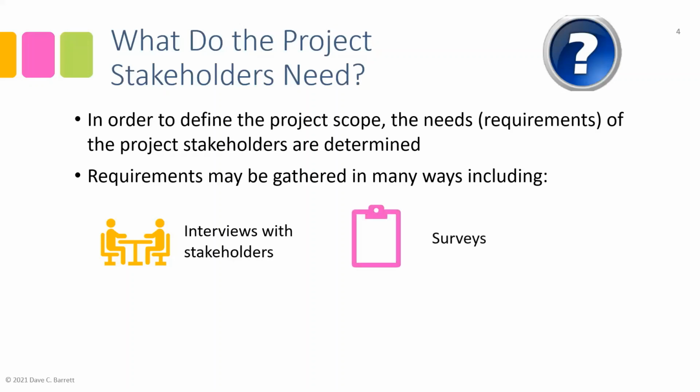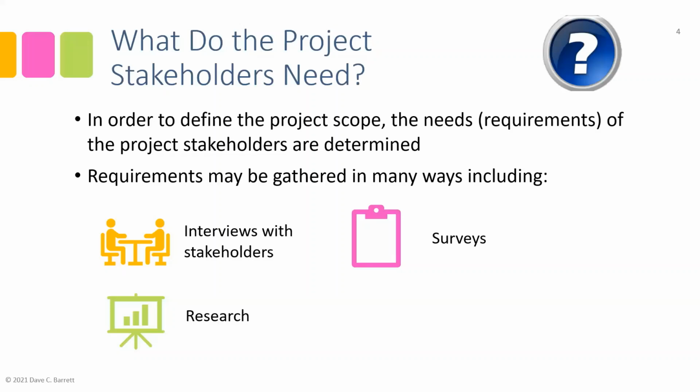If there are a large number of stakeholders, if they're the customers, of which there might be hundreds, thousands, or more, you may use surveys to gather information and then help you determine the requirements based on the results of the surveys. You can do research in terms of customer trends, demographics, as well as researching what other projects have done in the past or competitors have done, and so on.